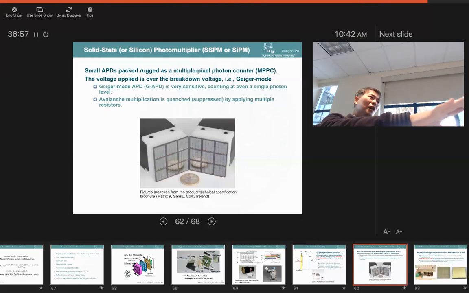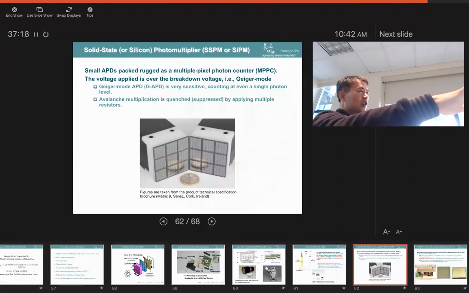But if you put a lot of mini cells together, and you sum all these sparks together individually for each pixel, like this small pixel there, you can have some energy information. Believe it or not, that's why we can have some energy resolution, energy information, with a solid state photomultiplier.